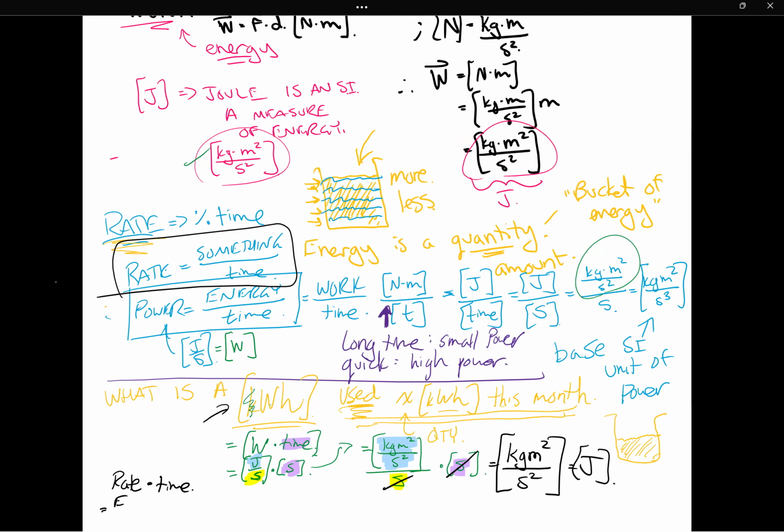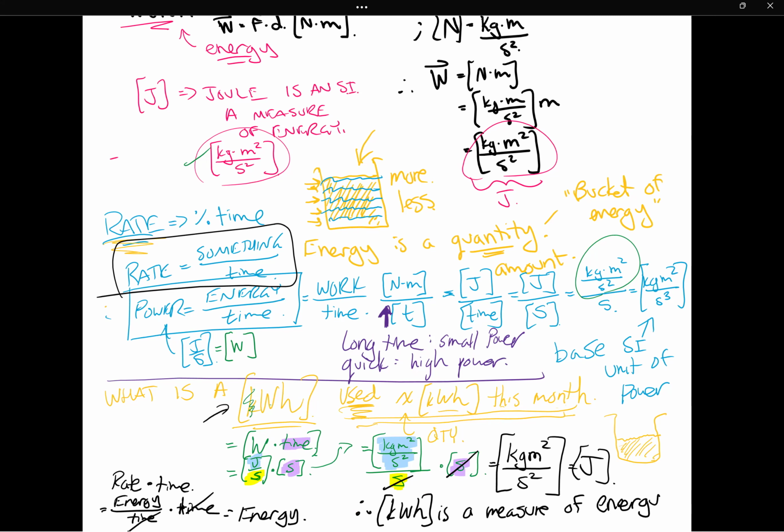So we've said energy over time, and we have multiplied that by time. We cross out those two times and it's energy. Therefore, a kilowatt times hour is a measure of energy, not power. It's a measure of energy.